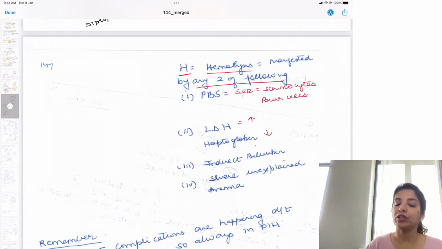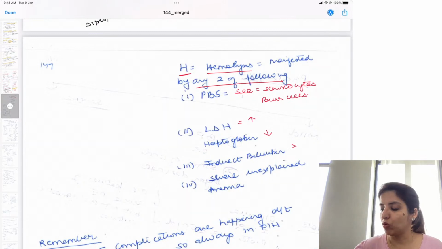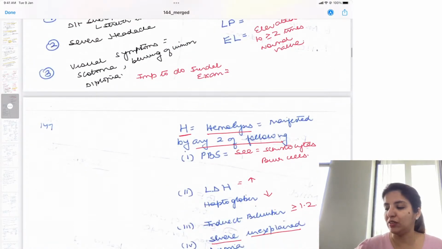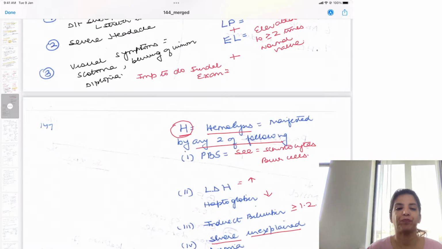Indirect bilirubin: whenever there is hemolysis, there is increase in indirect bilirubin and it should be more than equal to 1.2, or severe unexplained anemia. So out of these 4, if any 2 are present, it means hemolysis is there. And for HELP syndrome, all this should be present. There should be low platelet count, elevated liver enzymes, plus hemolysis.